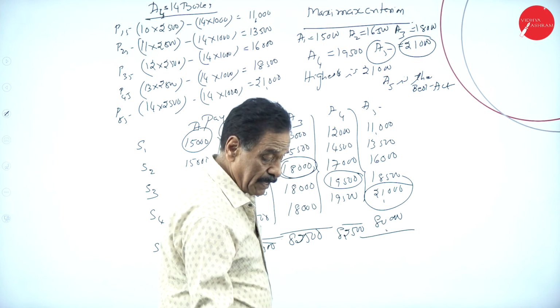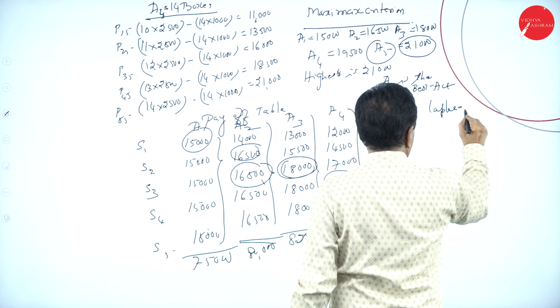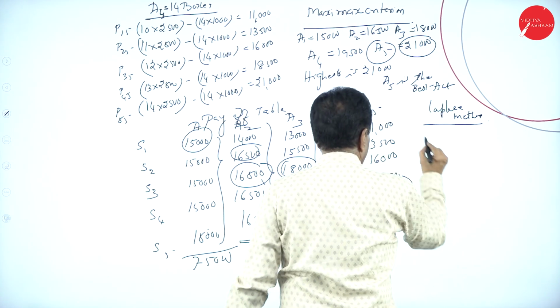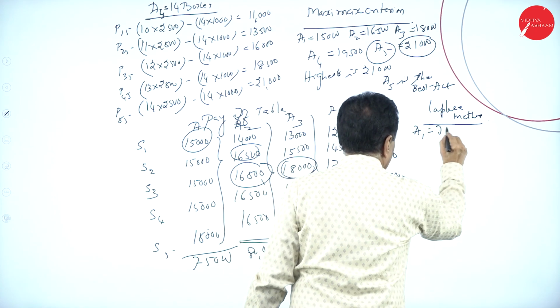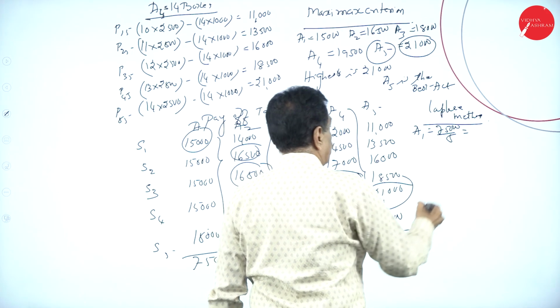Now come back here, Laplace method. A1: 75,000 divided by 5, 15,000.